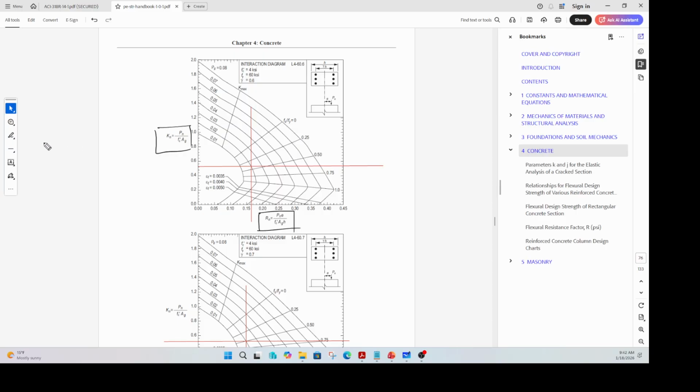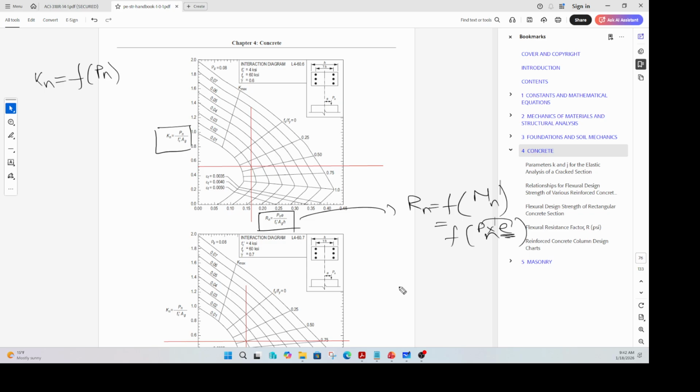This non-dimensional term Kn is a function of your axial load P, and this non-dimensional term Rn is a function of your M. Okay, but you don't see M, but you see P and e. So P times e, the eccentricity, is nothing but your Mn.